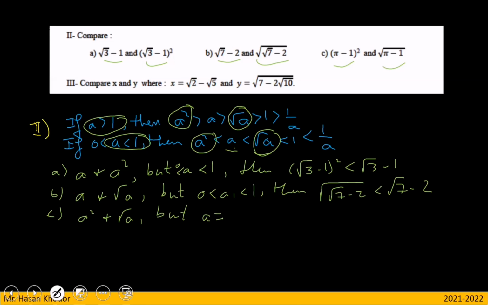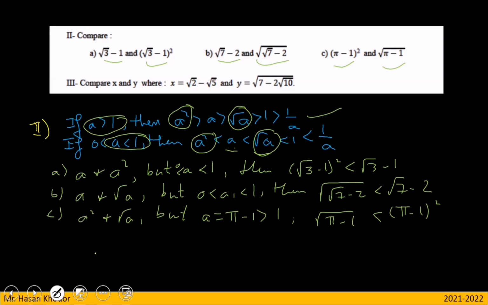This means a is greater than 1. So consequently, in the first rule, a square is greater than radical a, or radical a is less than a square. So radical of pi minus 1 is less than pi minus 1 squared.